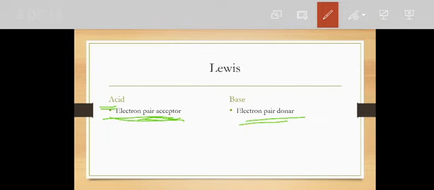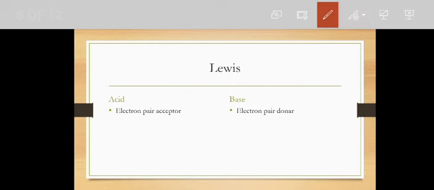In the Lewis theory, a base is an electron pair rich species. Why? Because it has a lot of electrons, and only then can it donate. So electron rich species means base, and electron deficient species means acid. That's why an acid accepts the electron pair, and a base is an electron pair donor.